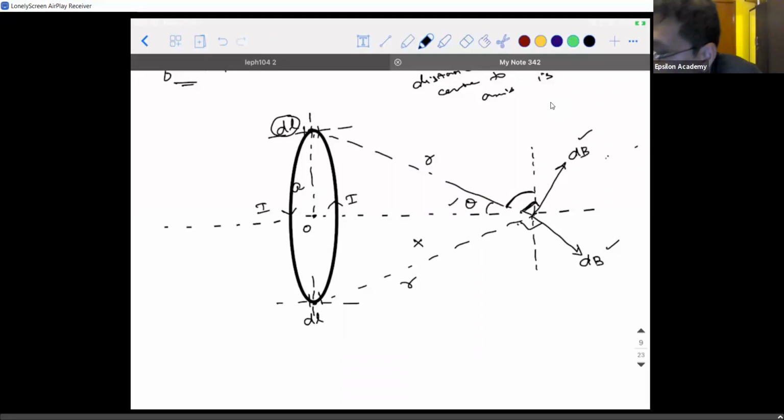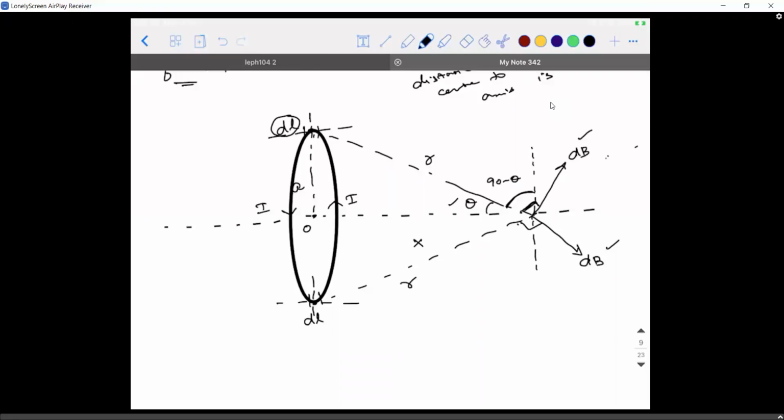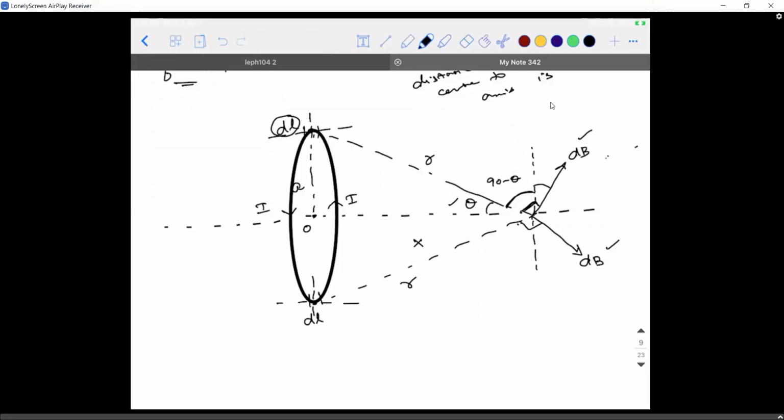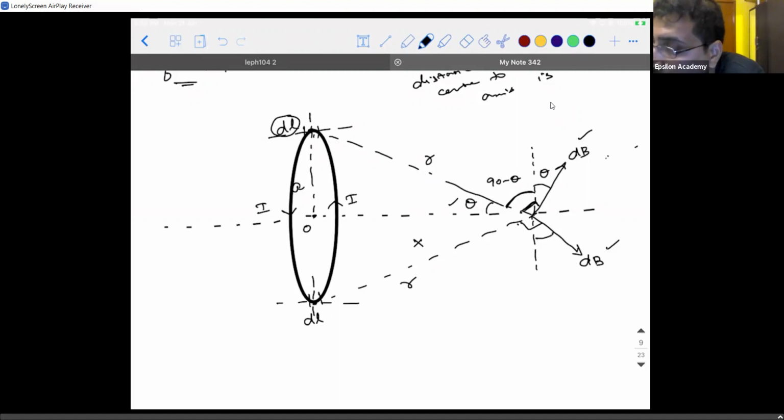If I take this as theta, if I drop a 90 perpendicular, 90 minus theta, that's right. Then how much is this angle going to be? Theta. That's it. So this is going to be theta. In a similar way, at the bottom also it will be theta.